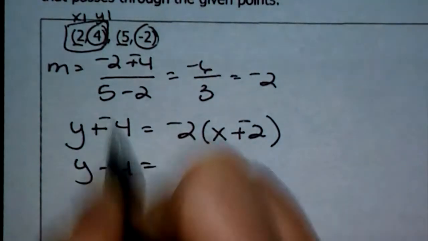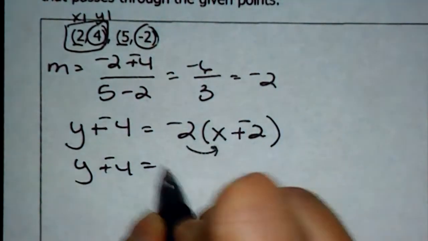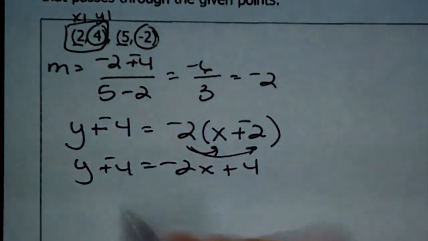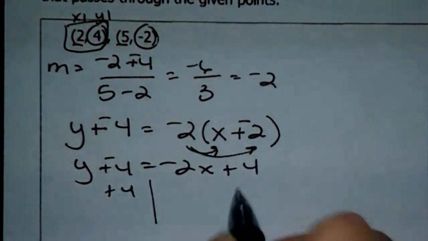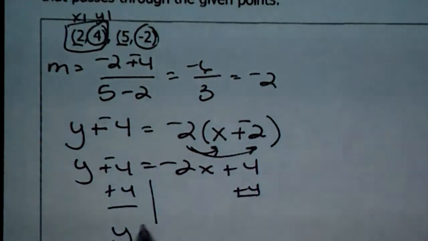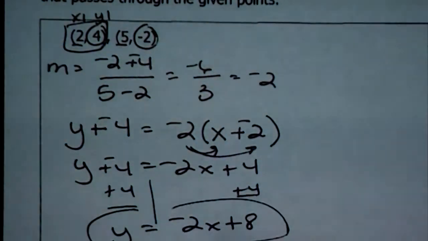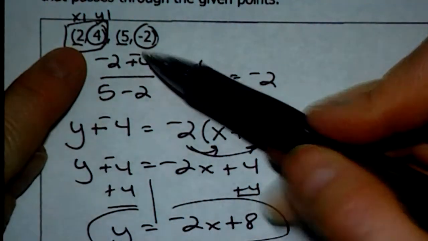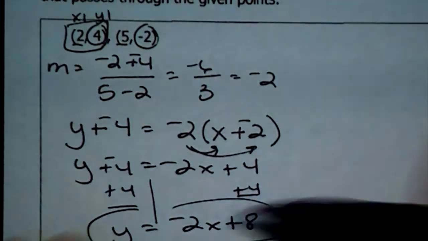So negative 2 times x is negative 2x, negative 2 times negative 2 is 4. Now to get the y by itself, I would add 4 to each side, and I end up with y equals negative 2x plus 8. Voila! So that means that these 2 points are solution points on this line. Those 2 points would fall on that line.